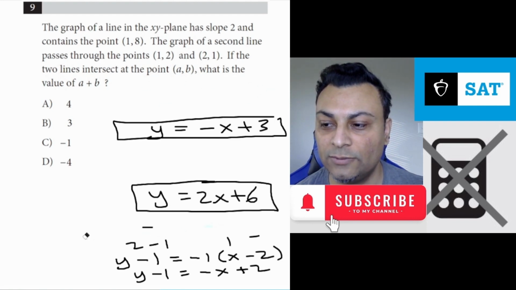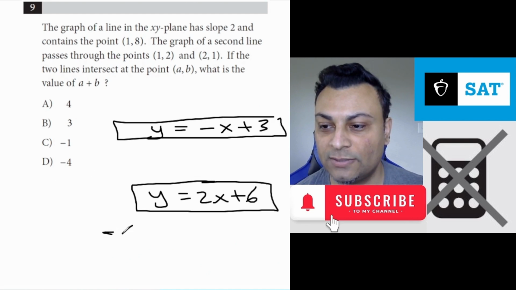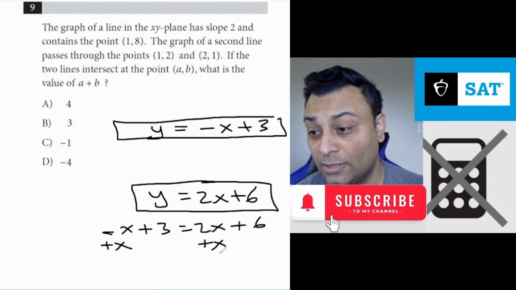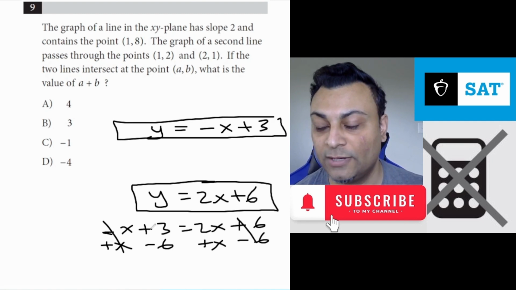Let's clear all this out. Okay. So we have negative x plus 3 equals 2x plus 6. We're going to add x here, as well as subtract away the 6. Okay, so we have 3 minus 6 is negative 3 equals 3x.